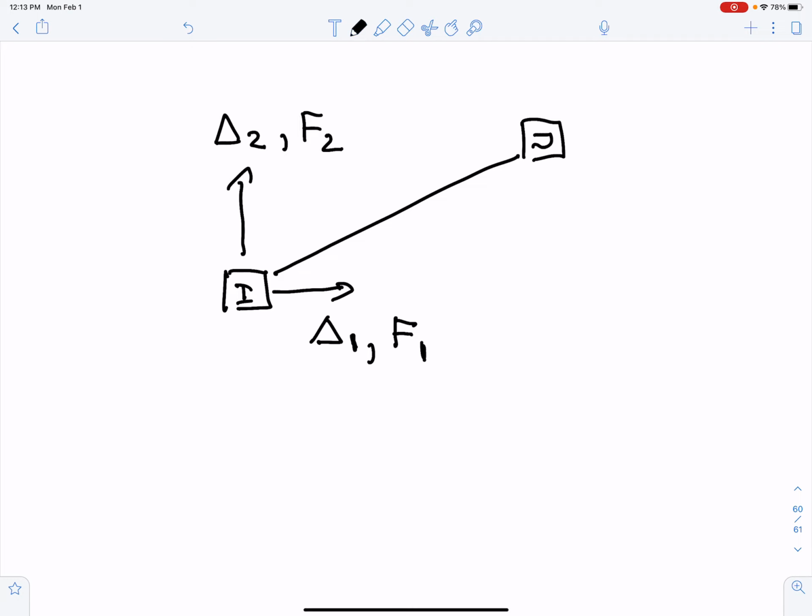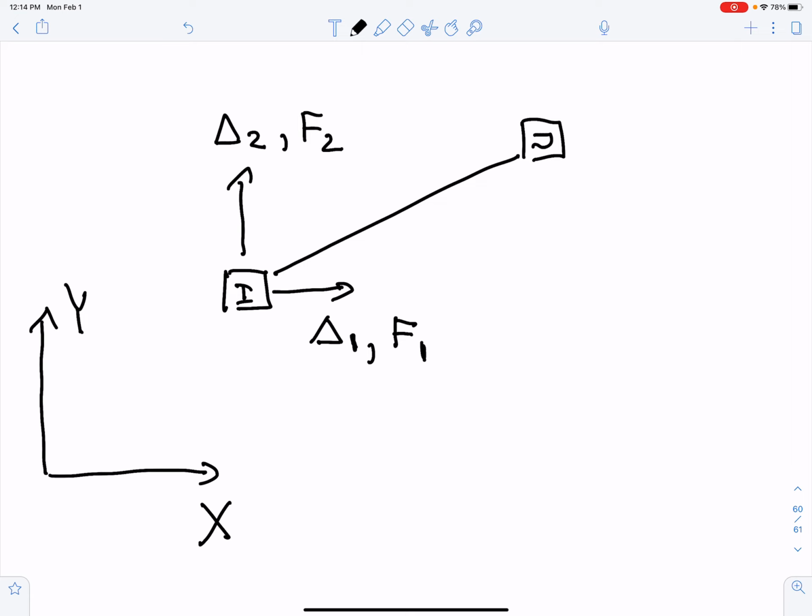This element is embedded into the global coordinate system xy, and of course delta 1 and delta 2 are lined up with the x and y coordinate system, as you would expect. However, node j can also move on its own, independent of node i.